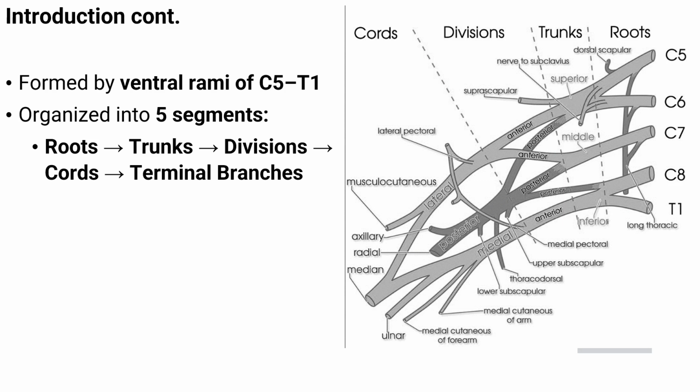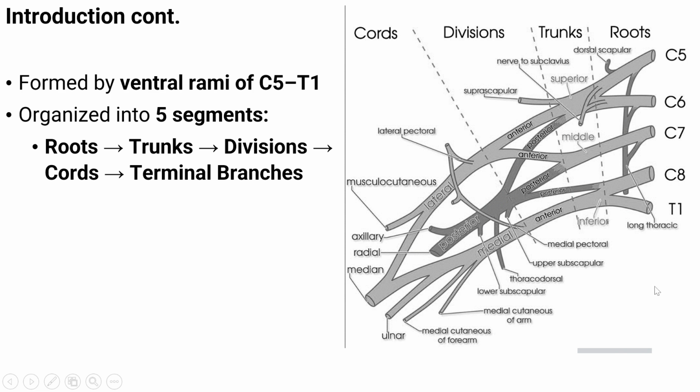The brachial plexus starts with the roots from C5 to T1, which merge to form the superior, middle, and inferior trunks. Each trunk then splits into anterior and posterior divisions, which regroup into three cords: lateral, posterior, and medial.